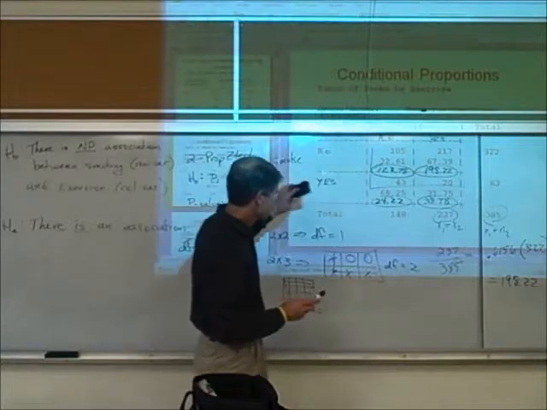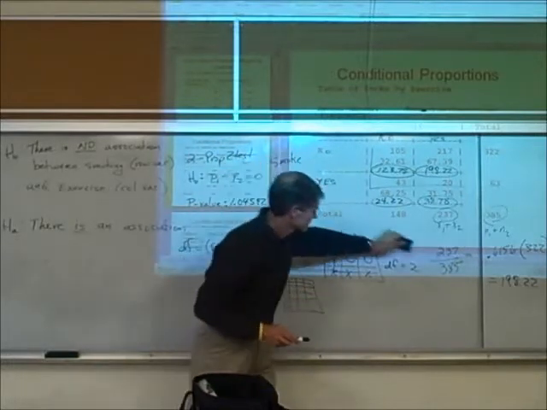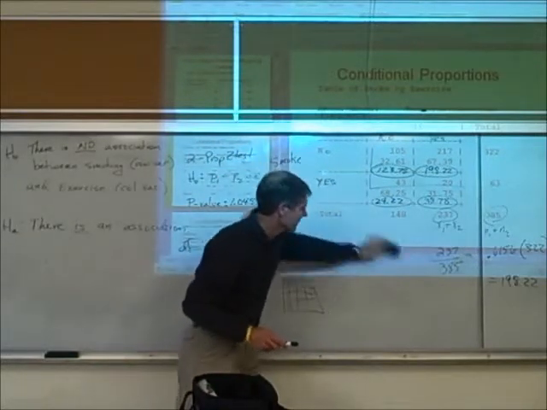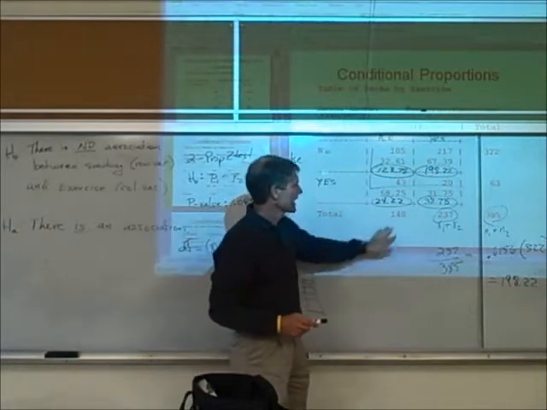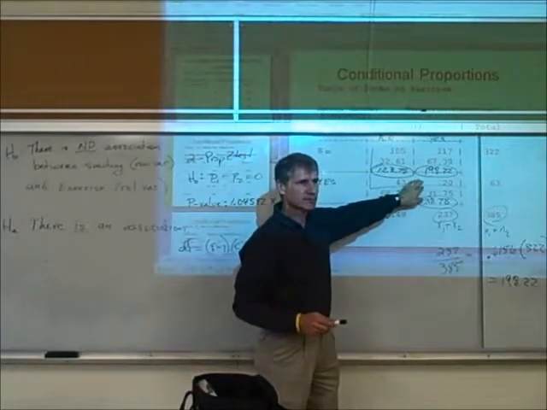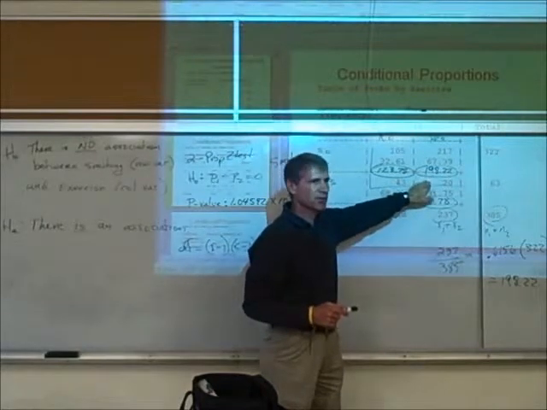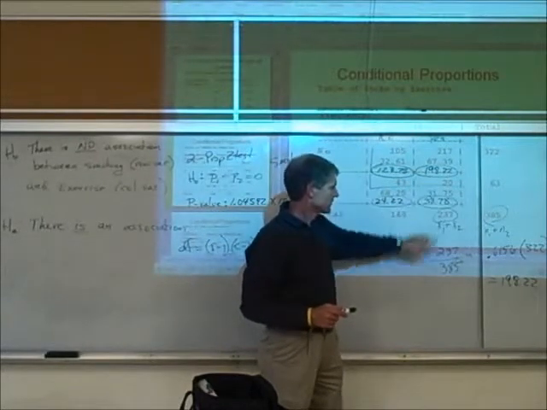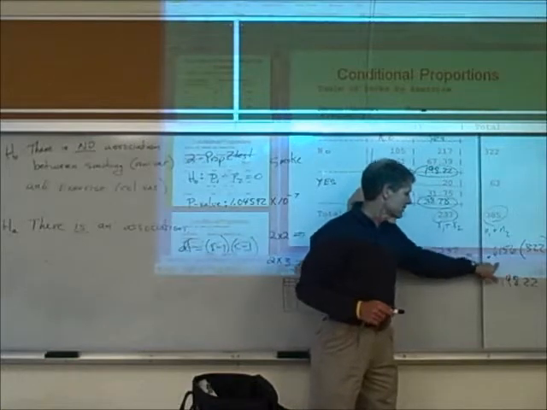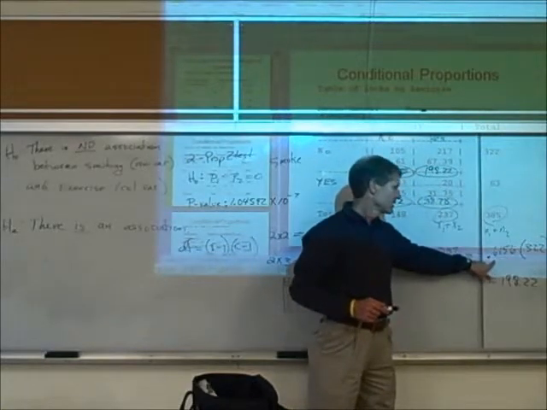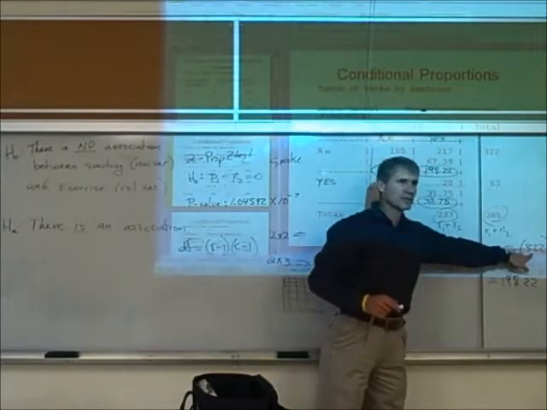Now, I want you to look at how we got these numbers. What did we actually multiply together to get 198.22? Well, the first thing we did was we got this 61.56, and then I multiplied that by 322.